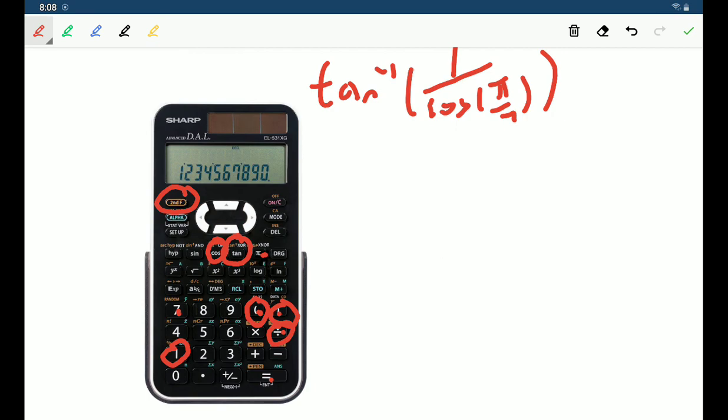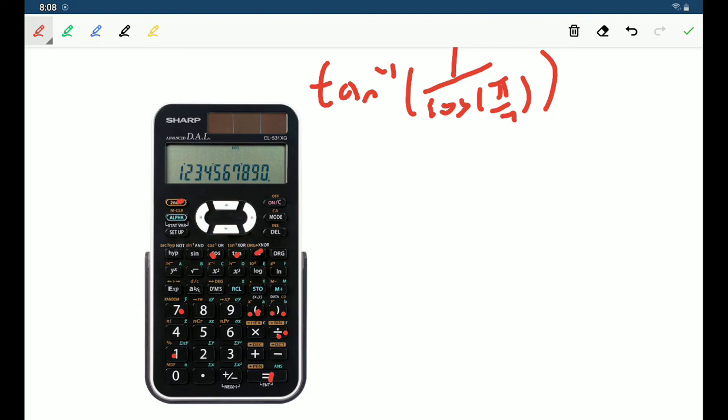So just to go over that again, if we wanted to enter this in, we are going to push tangent inverse, second function tangent, left bracket, 1 divided by cosine, another left bracket, pi divided by 7, close your bracket, and equals.